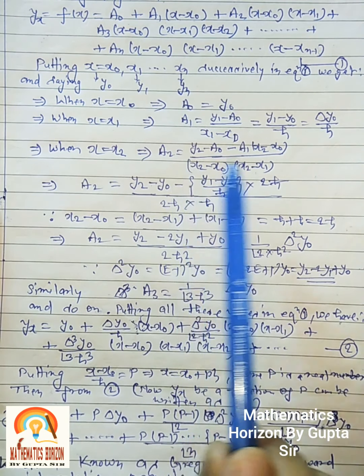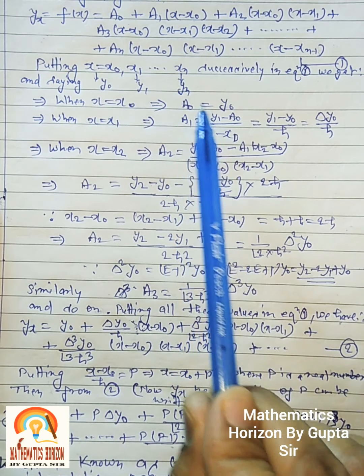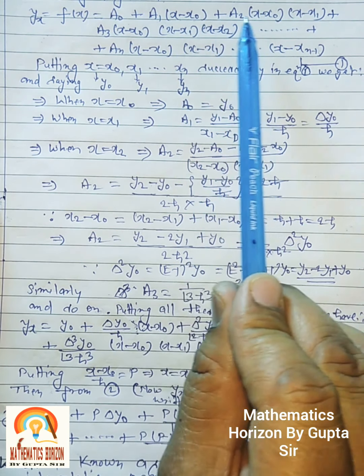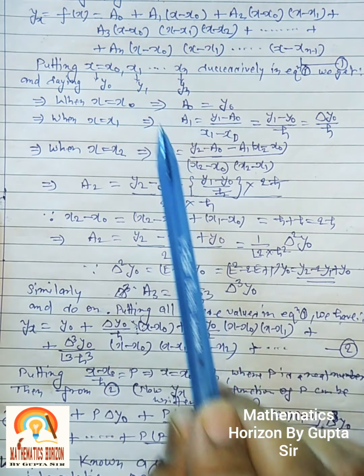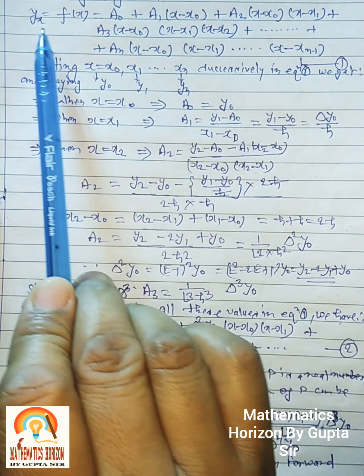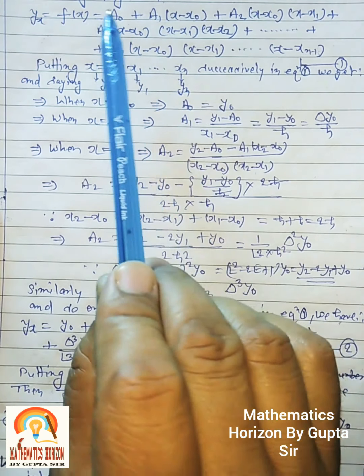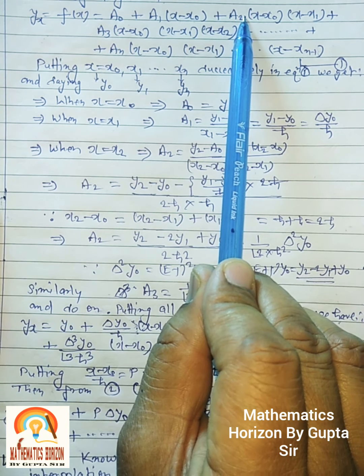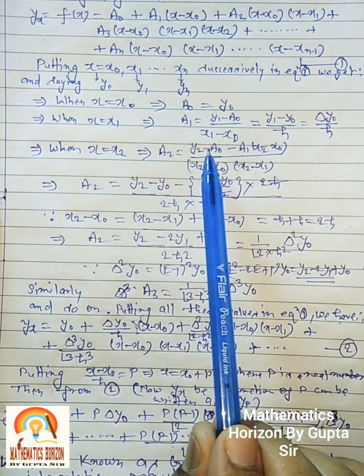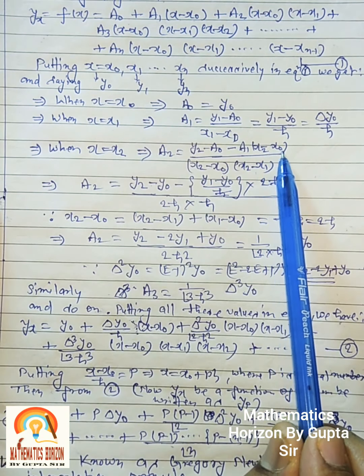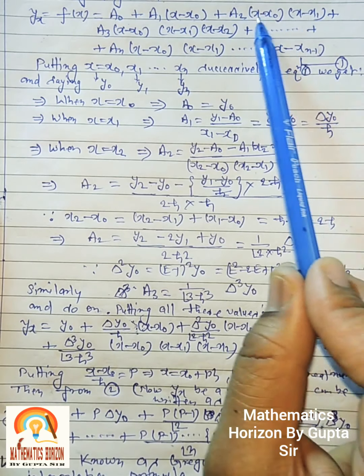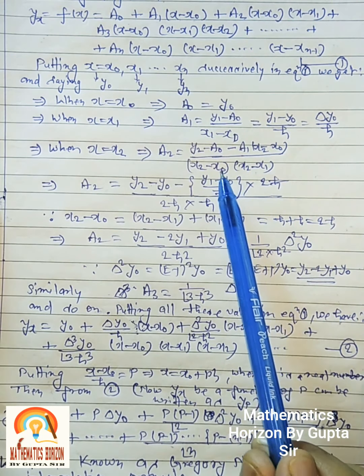When x equal to x2, all terms other than a0, a1, a2 will be 0. When x equal to x2, this is y2, and we find the value of a2 as y2 minus a0 minus a1(x2 minus x0) upon (x2 minus x0)(x2 minus x1).